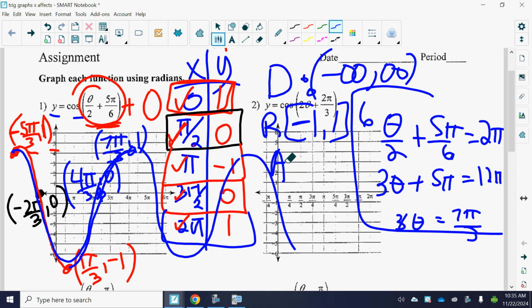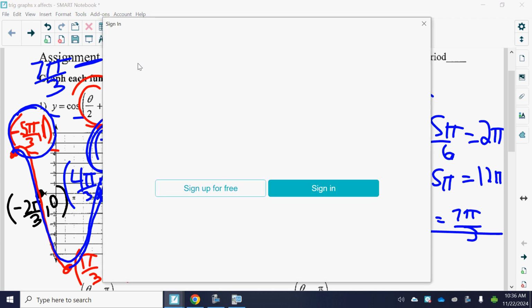Amplitude. Period. Oh no. No, no, no, no, no. The period started at negative 5 pi thirds and it ended at 7 pi thirds. If I say how long did something last, don't you subtract them? So you should subtract 7 pi thirds minus 5 pi thirds.